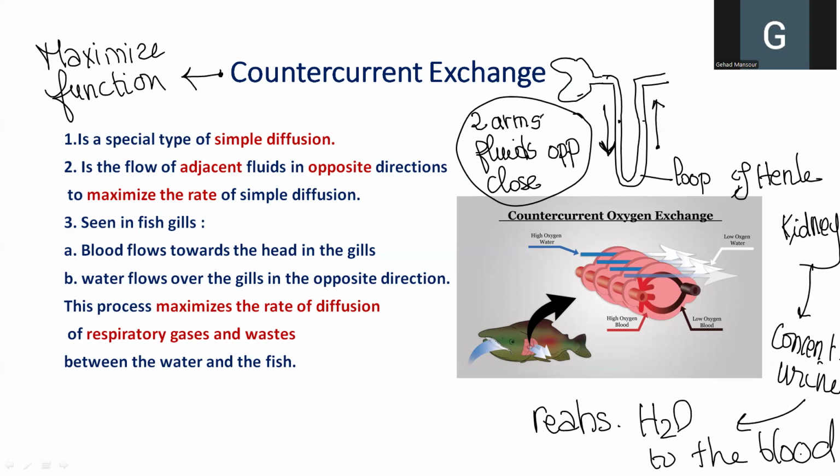So whenever you have a countercurrent exchange or a countercurrent system, the main importance is to maximize the original function for which the system has been designed. The countercurrent exchange is a special type of diffusion, and since it is a special type of diffusion, it is a passive process, and it does this amazing function of maximizing the original function without the expenditure of energy.